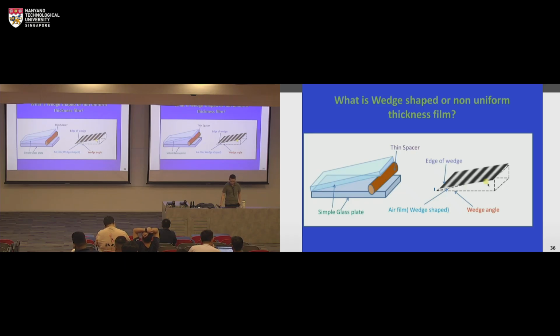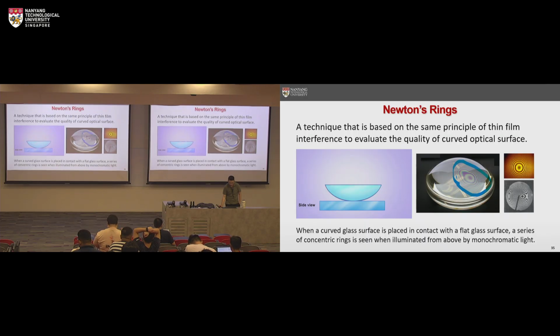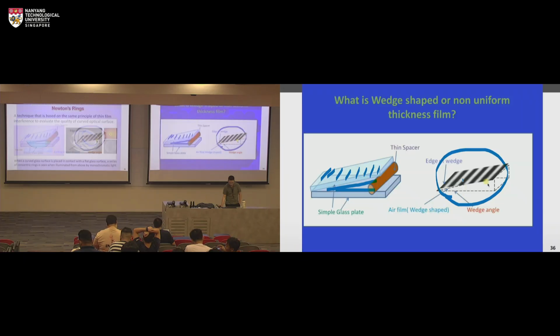When you have two glasses separated by a thin layer, this is the layer that creates the interference. So eventually what you see is dark and bright fringes. This is what we are trying to calculate. From the top view, we will see a lot of these stripes. These stripes represent this interference. This one also is the same case as this.